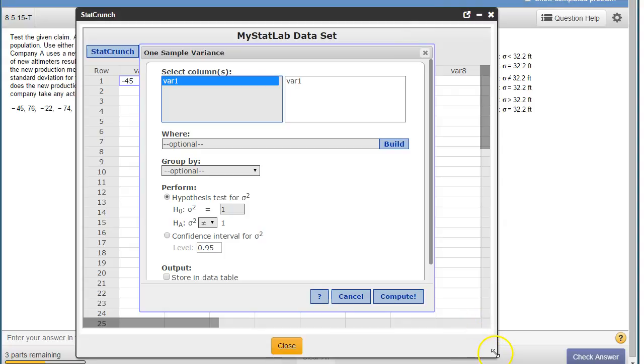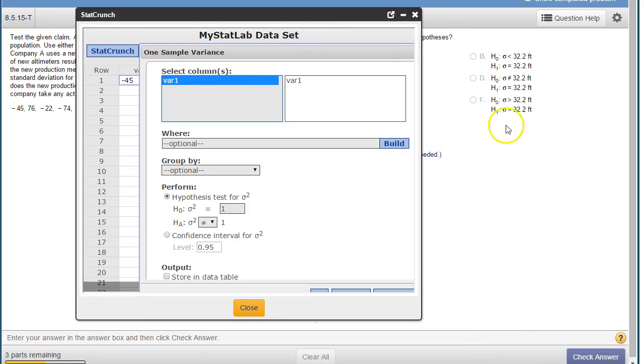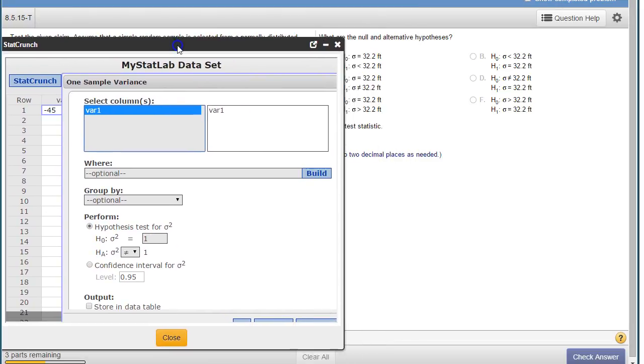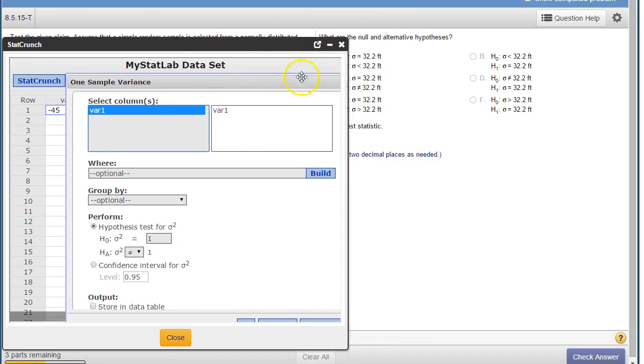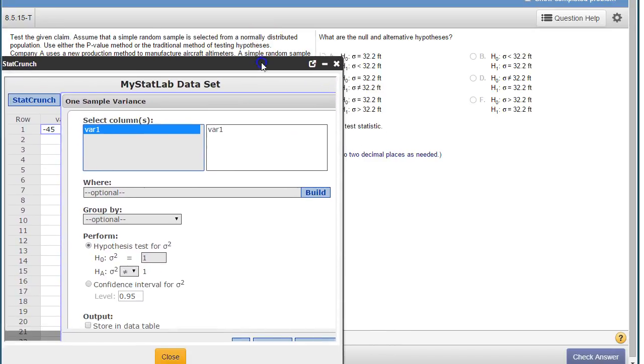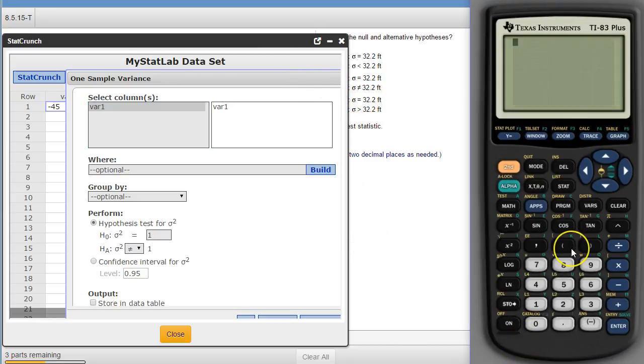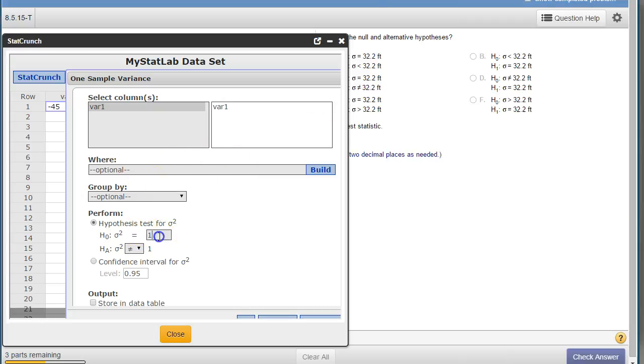When we do this chi-square test and the confidence intervals for the standard deviation, we have to use variance. So we have to square these numbers. 32.2 has to be squared when we plug it in here, because we treat it like variance.